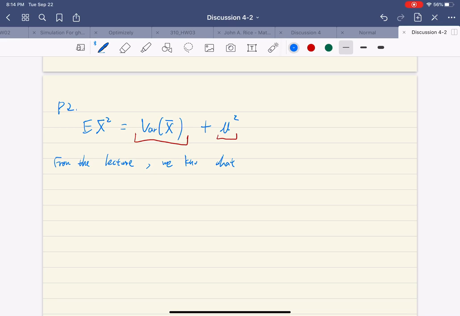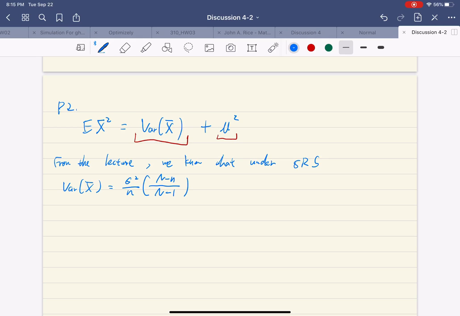We know that under simple random sampling, the variance of S bar is equal to sigma square divided by n, times big N minus small n over big N minus 1.